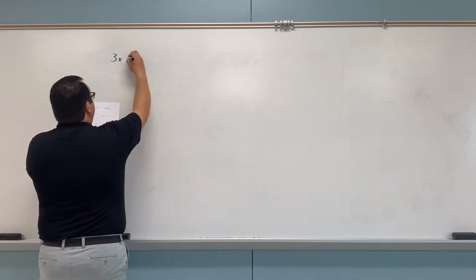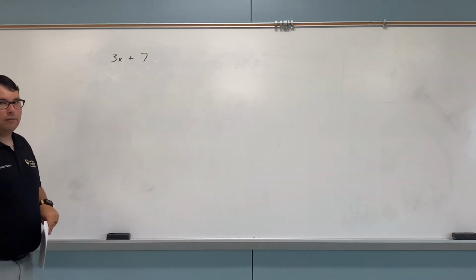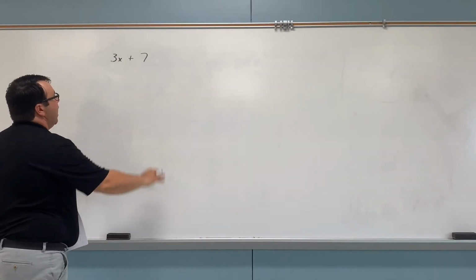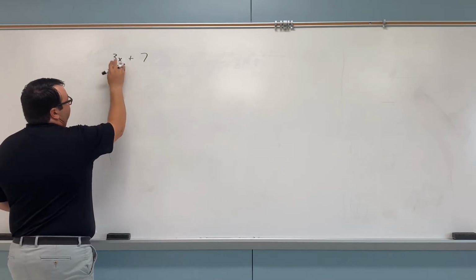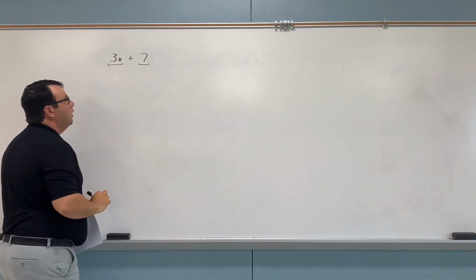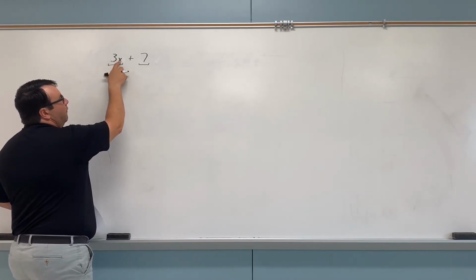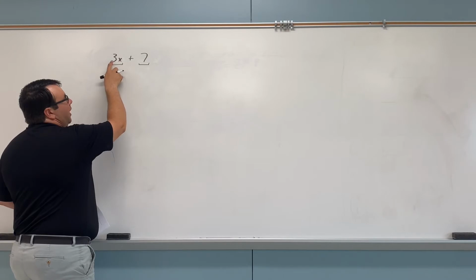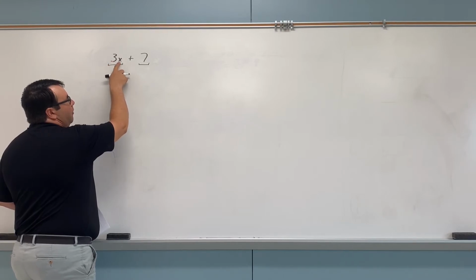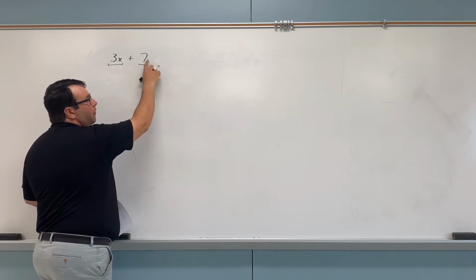If I were to combine this with something else, now I'm looking at two terms. I have this term and this term. Now notice this term has an x variable to it, meaning I have a coefficient and a variable. But this term has no variable.